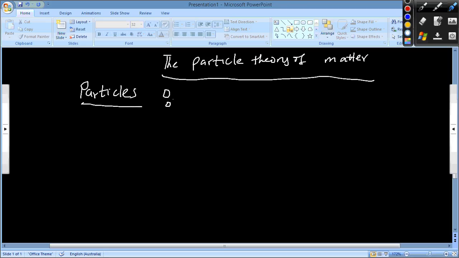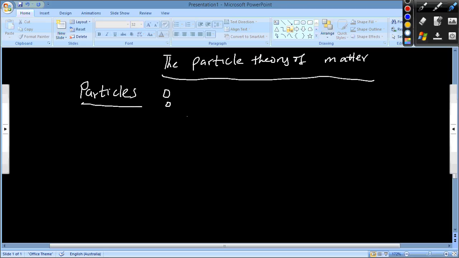And in any one substance, for example water, all the particles are of the same size and the same shape. So when you have water, all the particles are the same as each other. Let's say you have kerosene, all the particles will be the same as each other also.